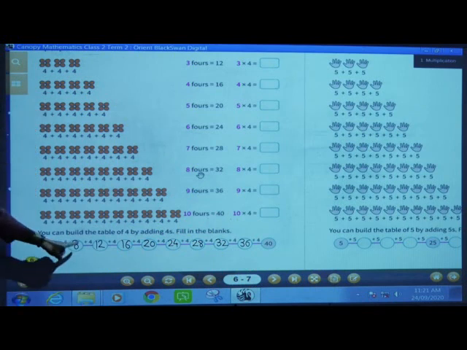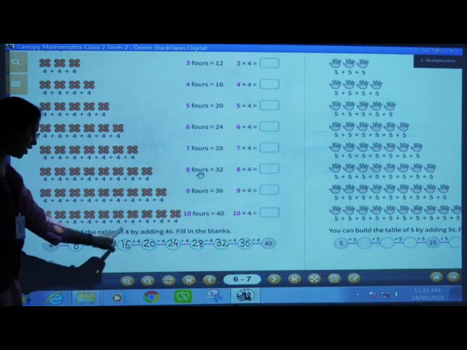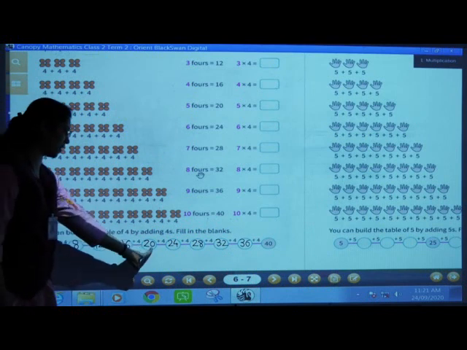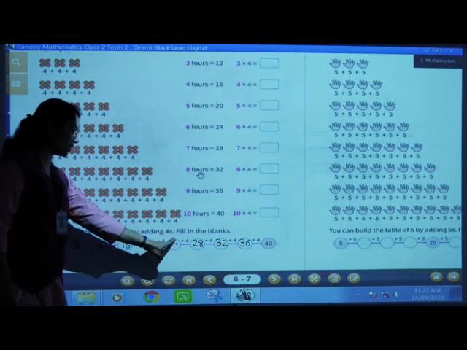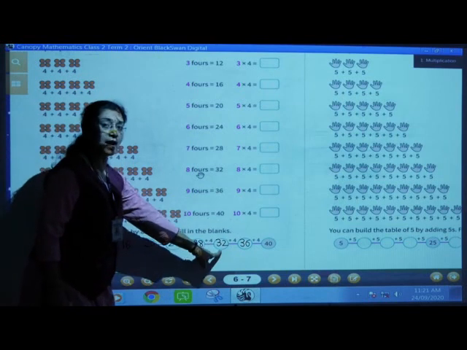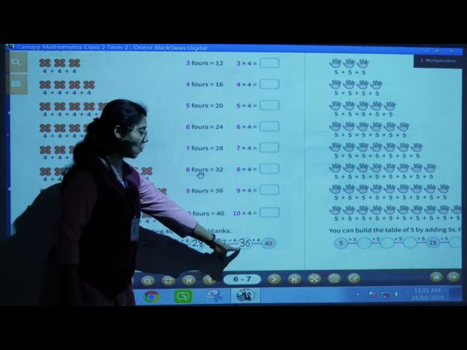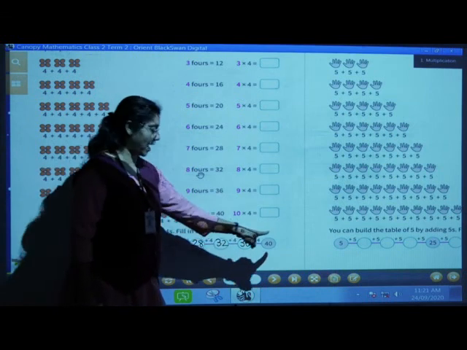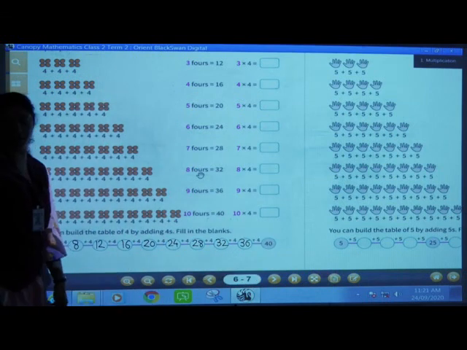4 ones are 4, 4 twos are 8, 4 threes are 12, 4 fours are 16, 4 fives are 20, 4 sixes are 24, 4 sevens are 28, 4 eights are 32, 4 nines are 36 and 4 tens are 40.